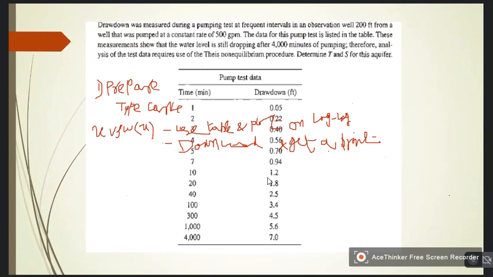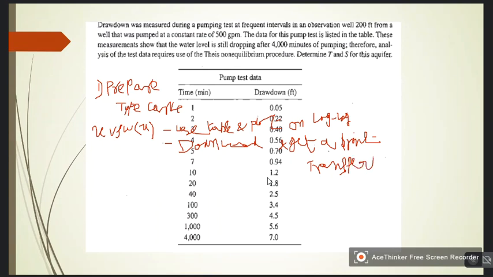Whatever you do, the type curve should be available on a transparent sheet. So to the extent possible, the sheet should be transparent.